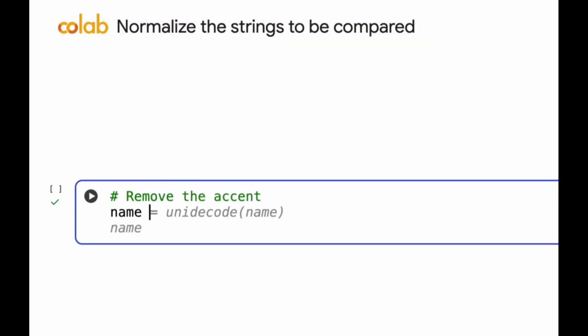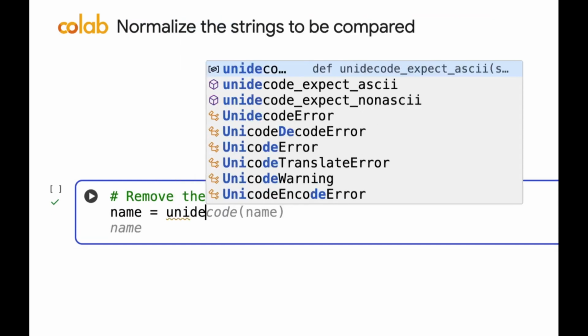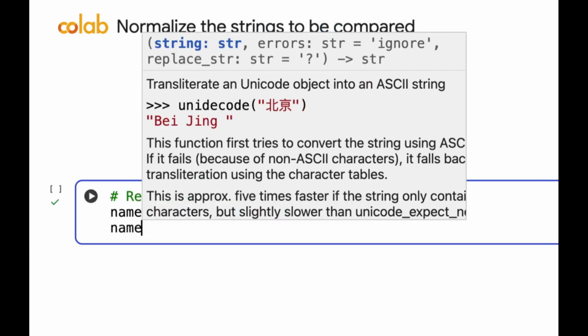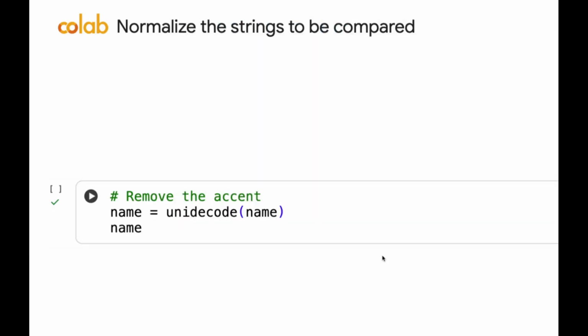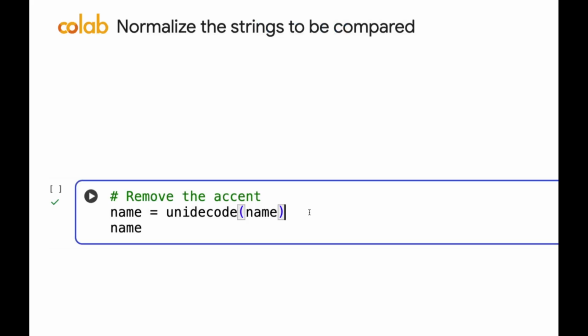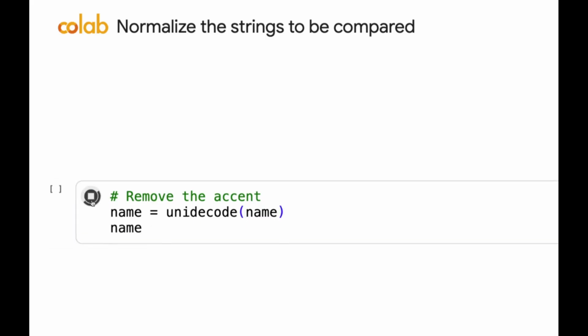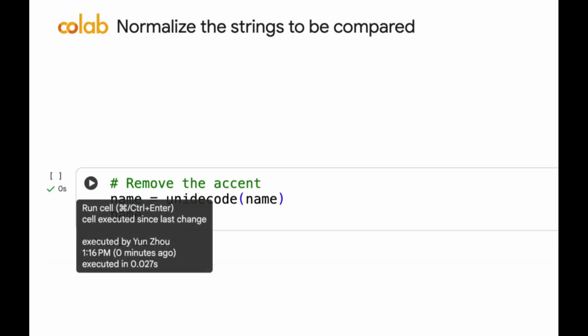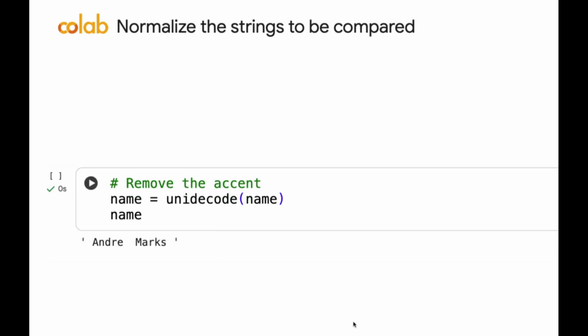Let's do name equal to unidecode(name). So unidecode is going to remove the accent. That's the function we just imported from the unidecode library we just installed, right? And then we assign it back to the original variable name to override it. Let's look at it. Now it's Andre Marx without the accent, which is great, for the purpose of standardization.